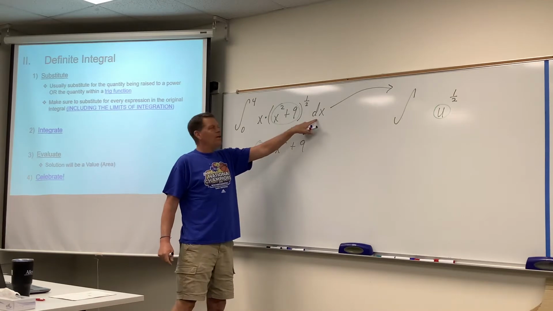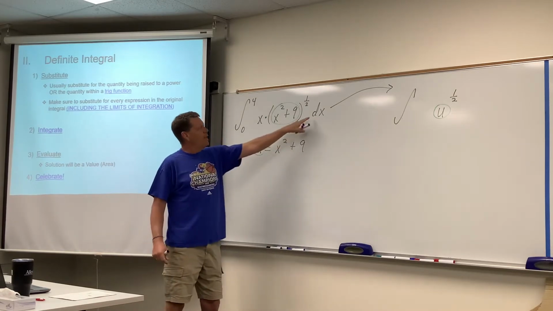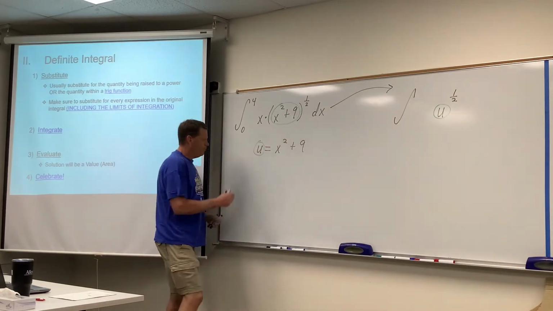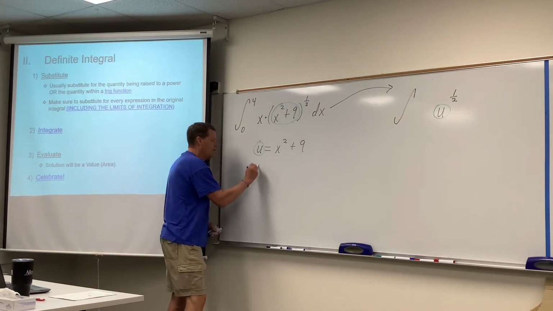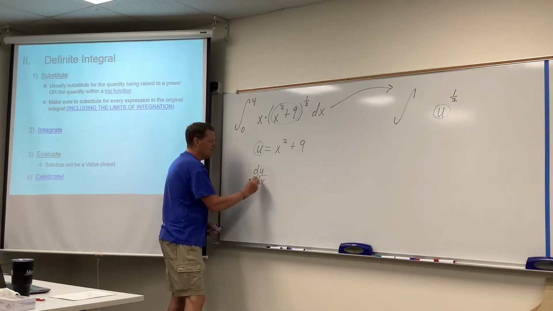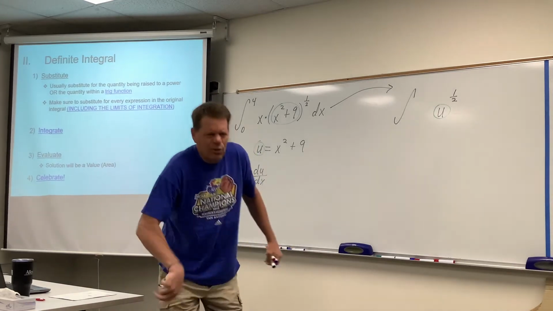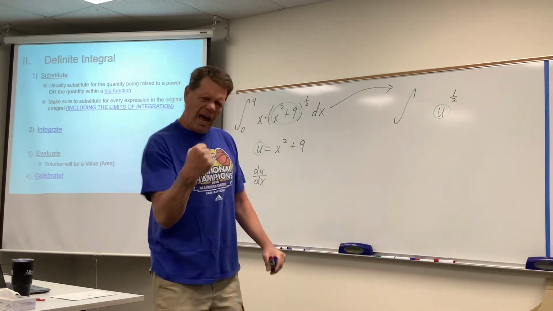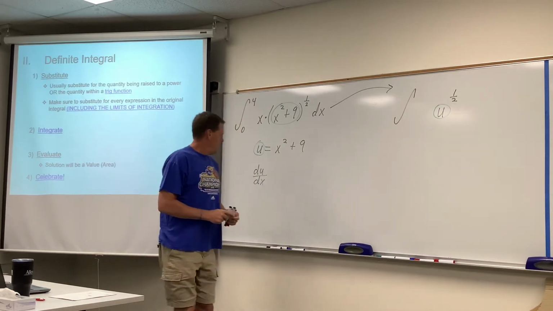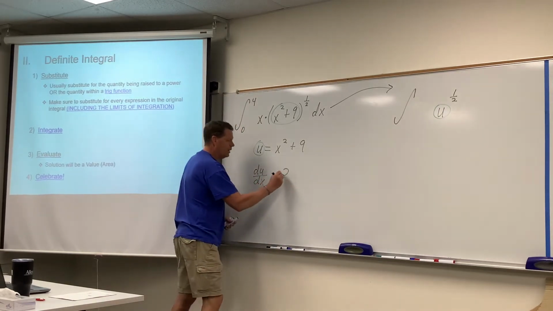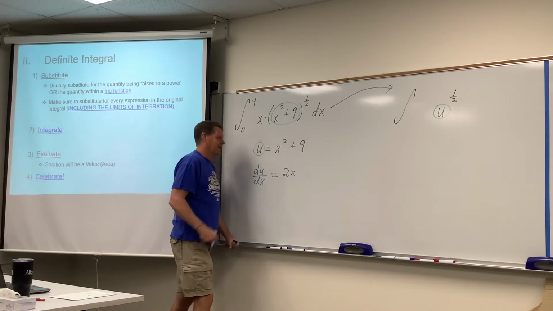Always, always, we then build a dx from that original relationship, from that original substitution. So if we differentiate this with respect to x, do we have an injury? I'm going to hang in there. We'll be all right. Okay, so that will equal 2x. I'm playing hurt. Okay.